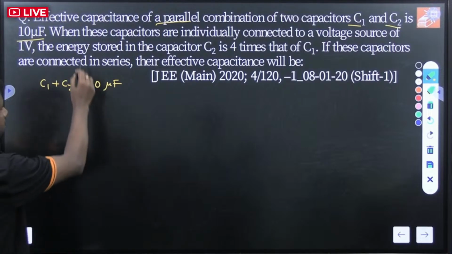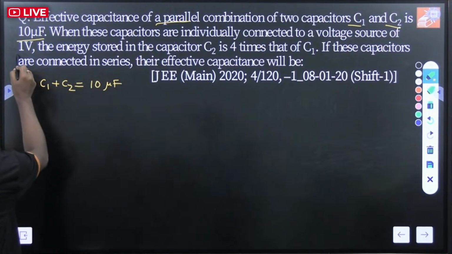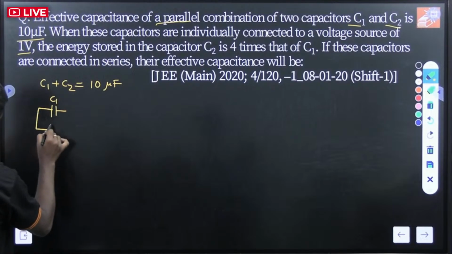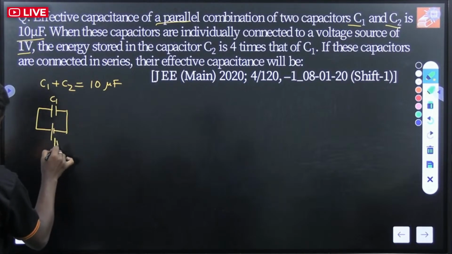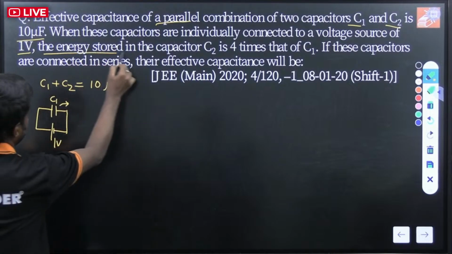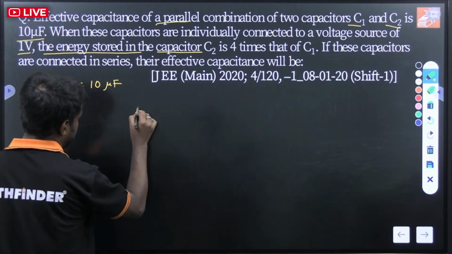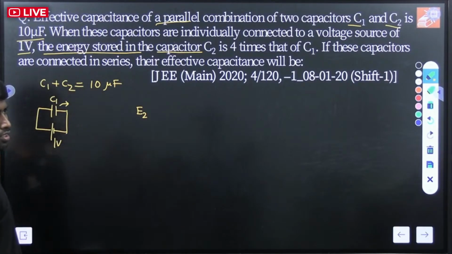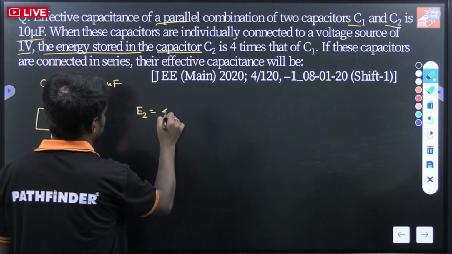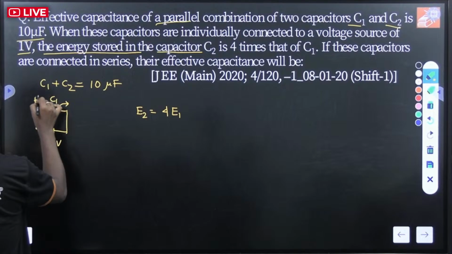Then they said when these capacitors are individually connected to a voltage source of 1 volt. Individually means one capacitor C1 we have kept with a voltage source of 1 volt, and we will calculate how much energy is stored. The energy stored in capacitor C2, E2, they said, is 4 times that of C1, that means the energy stored in the first capacitor, E1.